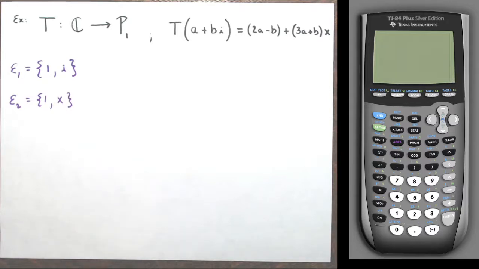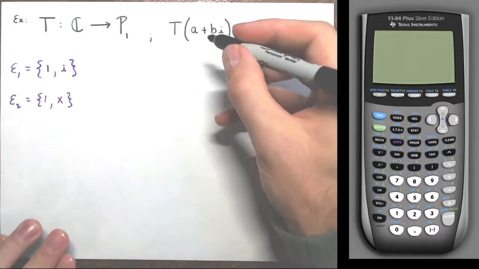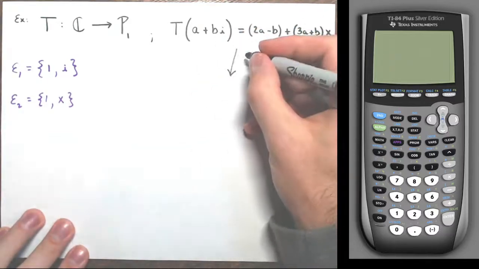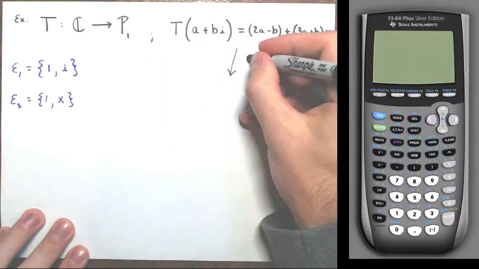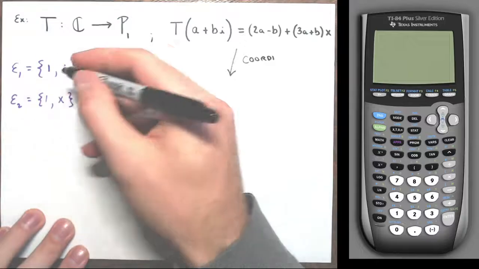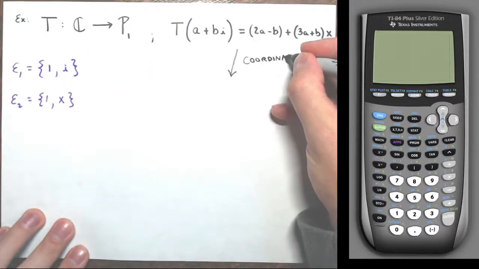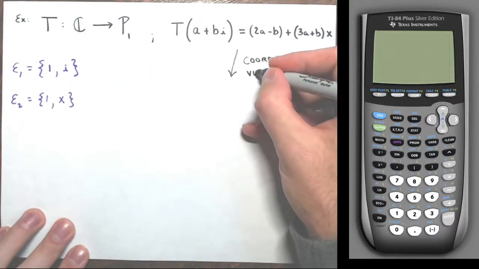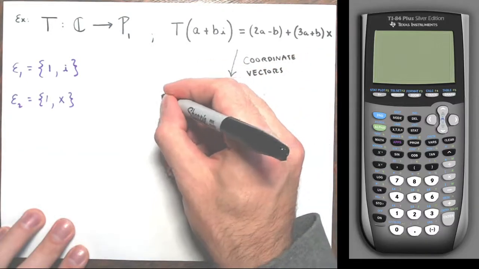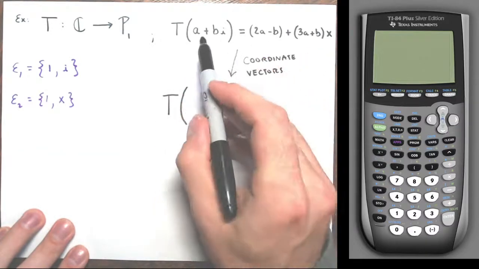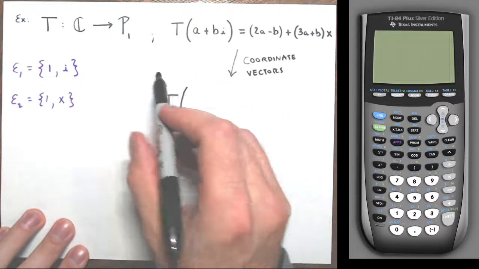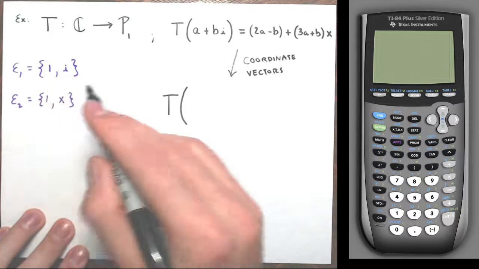All right. So what I'm going to do now is convert. I'm going to rewrite this transformation into a transformation involving coordinate vectors with respect to these two standard bases. So on the left, T of, and then instead of this a plus bi, I'm going to write it in terms of its coordinates relative to the basis with the 1 and the i in it.